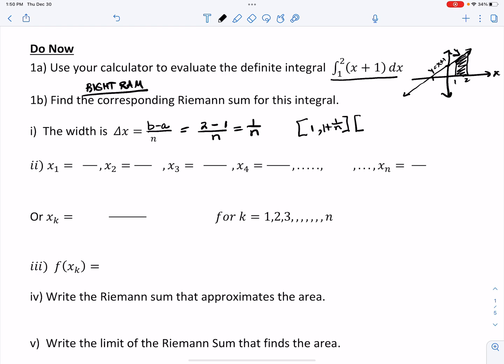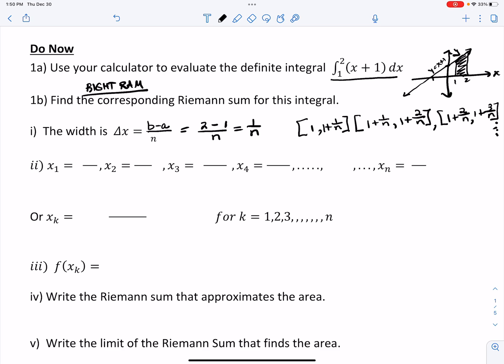And then we would go from 1 plus 1 over n and add another 1 over n, which is 1 plus 2 over n. The next subinterval would be 1 plus 2 over n, and we add another 1 over n, which is 1 plus 3 over n, and so forth. And we would keep going until we get to 2, which would be, I guess, 1 plus n over n.